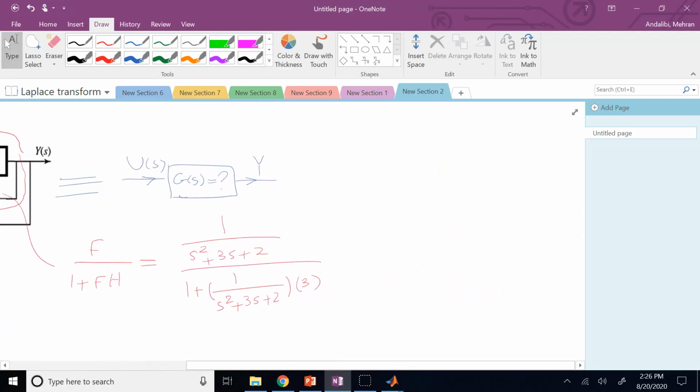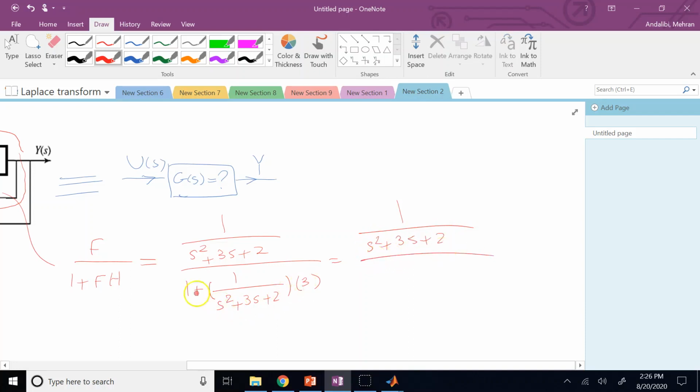If you simplify, this 3 comes here, and in the denominator, use a common denominator, so you would get this, and then 1 will be multiplied by that, and then this is just going to be 3.